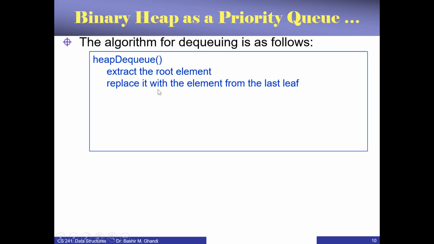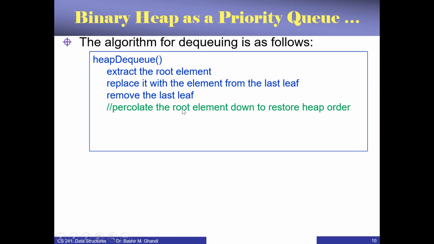So here it says replace the root with the last leaf, meaning the last element in the last level, copy it and use it to replace the root. Then delete that last element. Then calculate the root, because we have just removed the last element and put it at the top, so obviously the ordering of the elements may have changed.